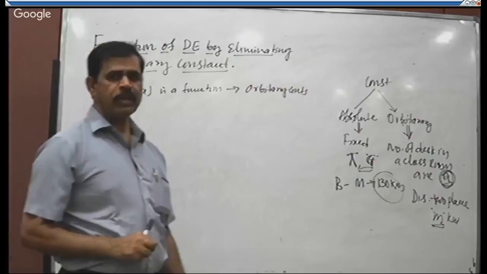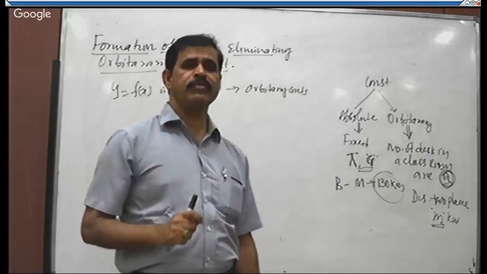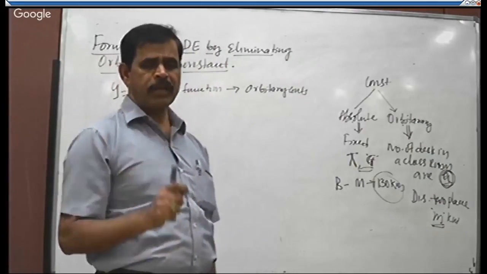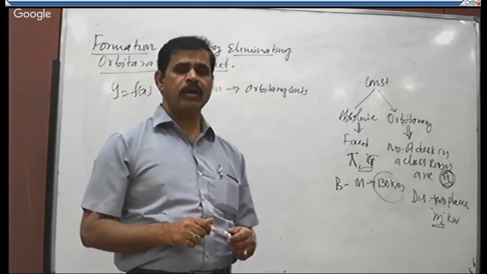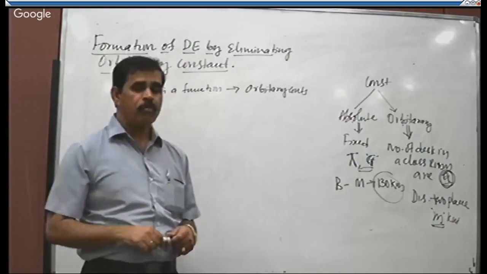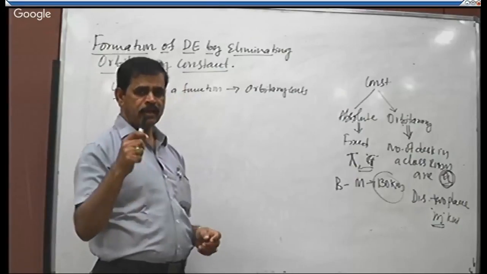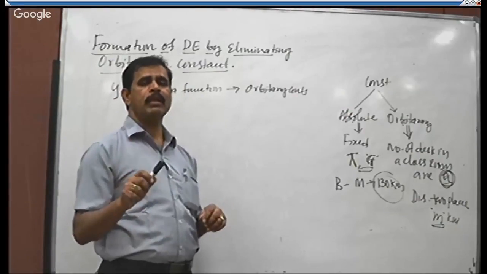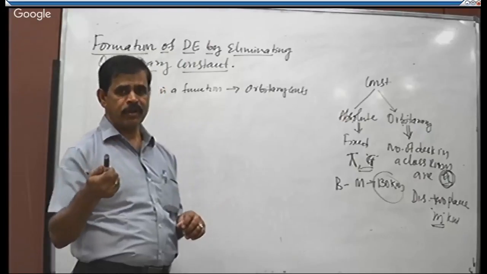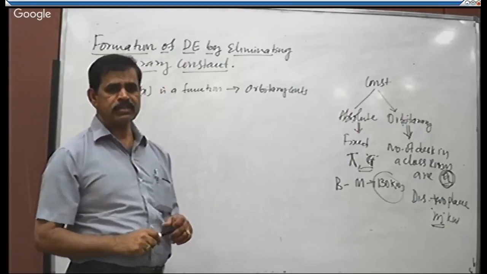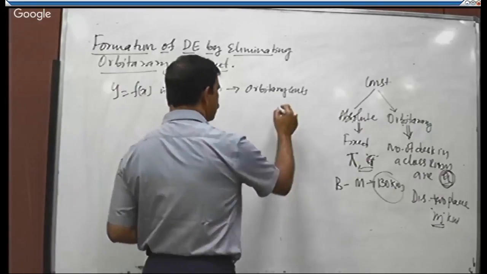What is a differential equation? It is an equation which involves dy by dx or d square y by dx square or d cube y by dx cube. How will you get dy by dx or d square y by dx square? It is only available after differentiation, right? If you differentiate once, you will get dy by dx.